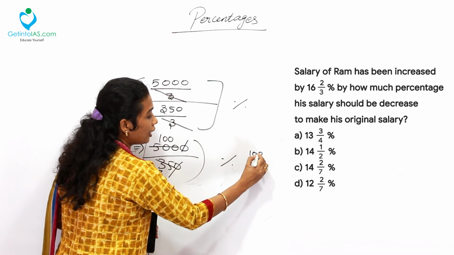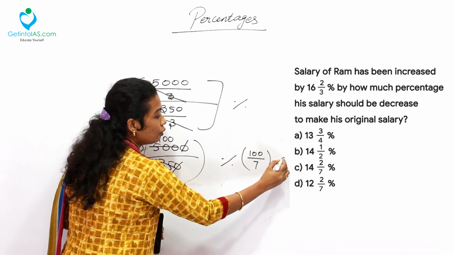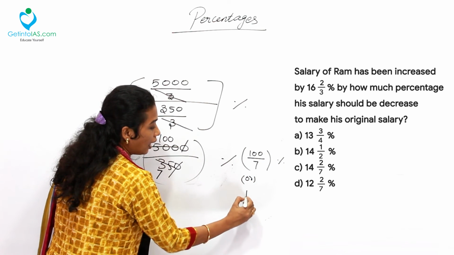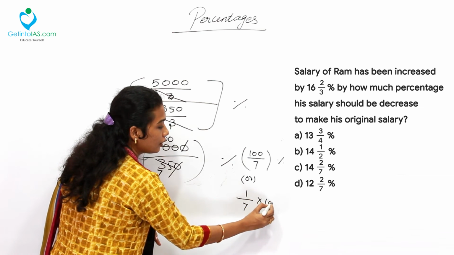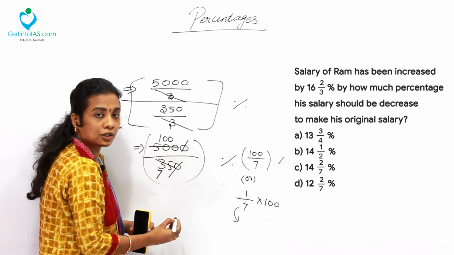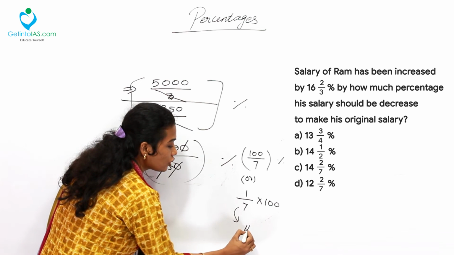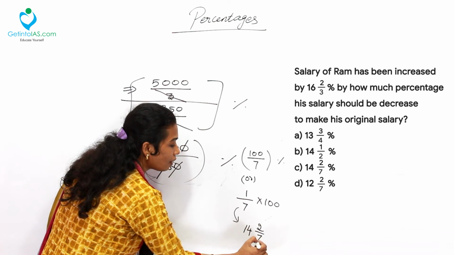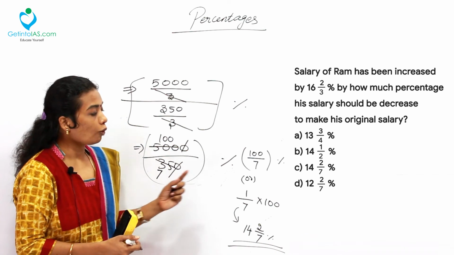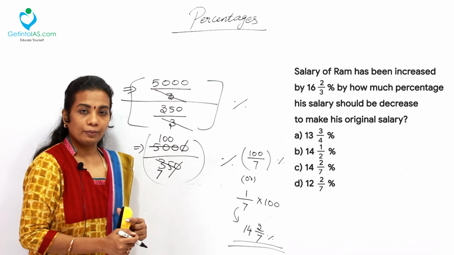So 100 by 7, what is the value which is to be taken as percentage? Or you can take this as 1 by 7 into 100. Then it will become easy for you. If you remember the value for 1 by 7, you can simply say which is 14 2 by 7 percentage. So my final answer is option C, 14 2 by 7%.